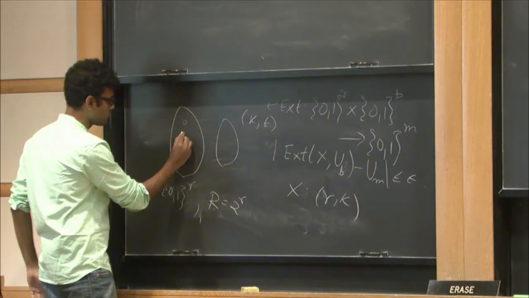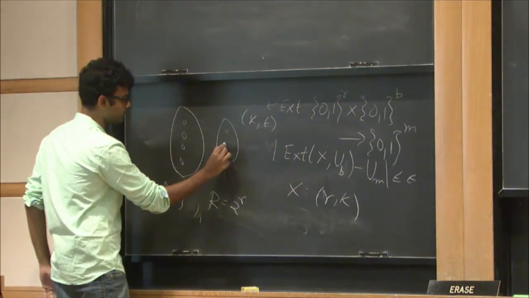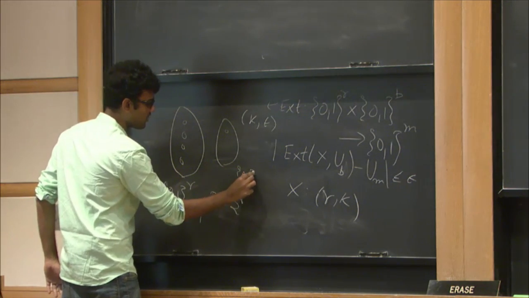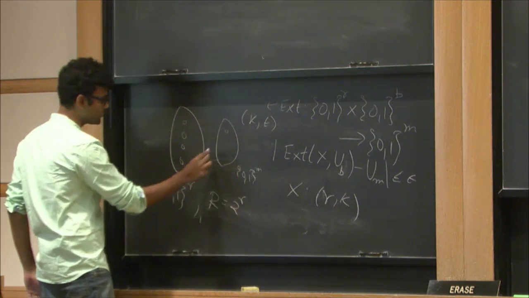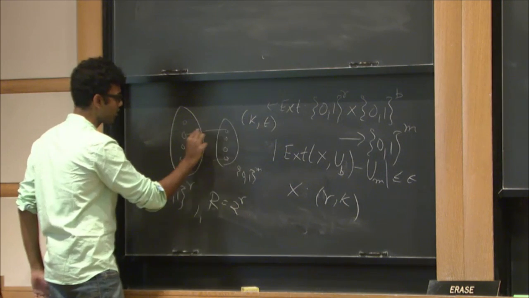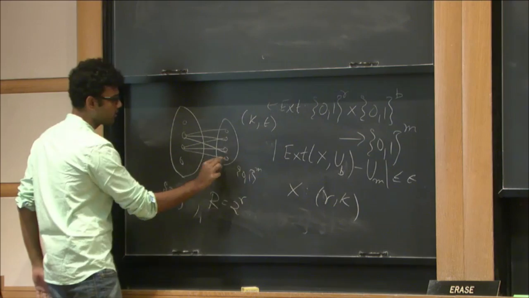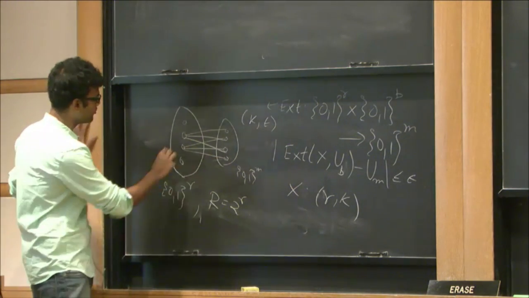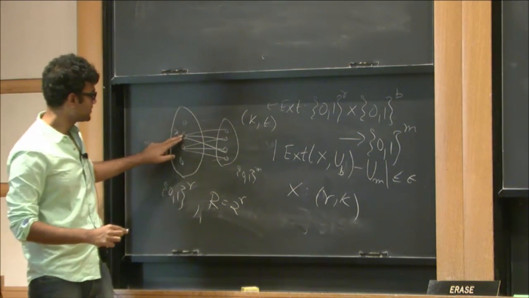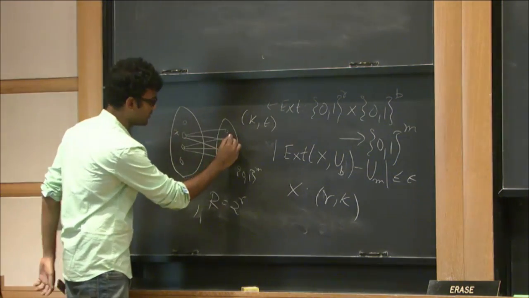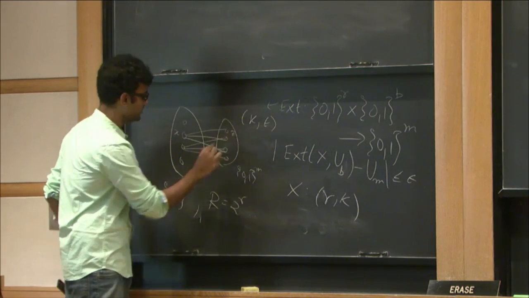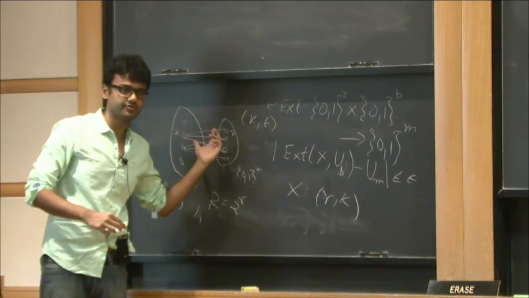And on this side we have the set of m bit strings, and this graph corresponds to the output of the extractor. So on input x, if there is a seed which takes you to output, say, some z, then there is an edge between this. Right?